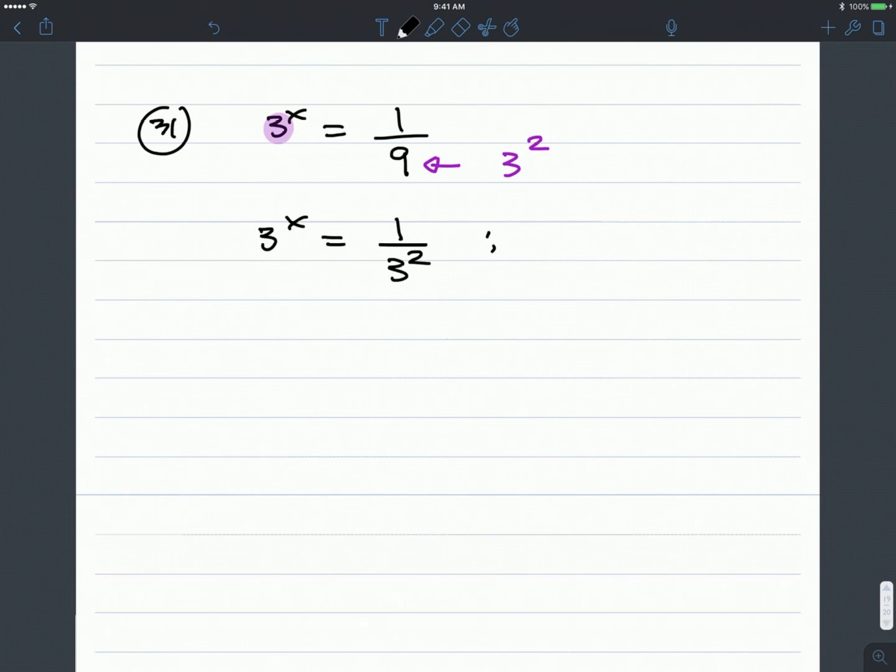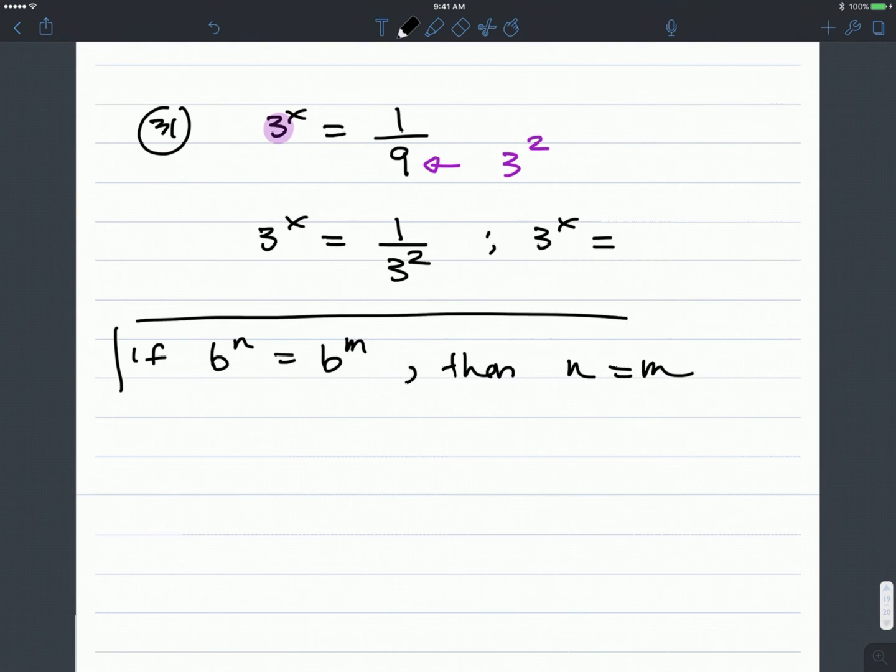Now, put a little bit of that algebra knowledge together. What is 1 over 3 to the second power? 1 over 9. We know that already. But how am I going to use this idea again? If b to the n is b to the m, then remember n is the same as m.